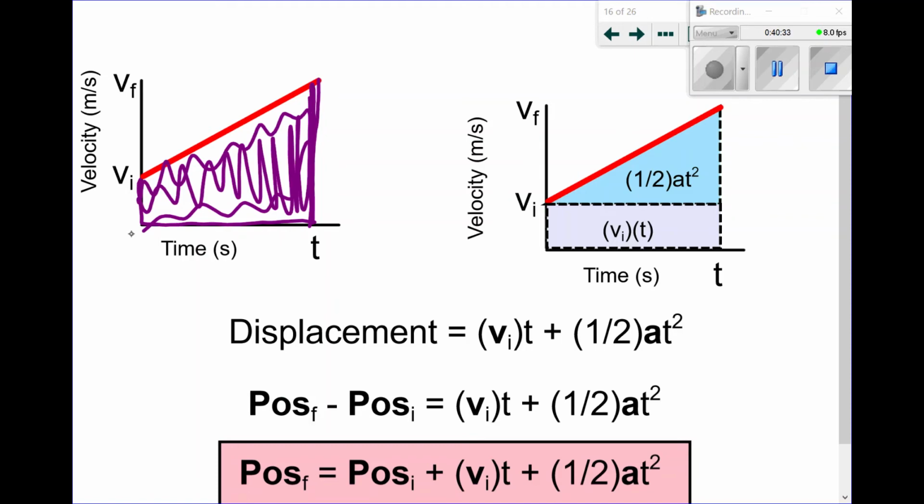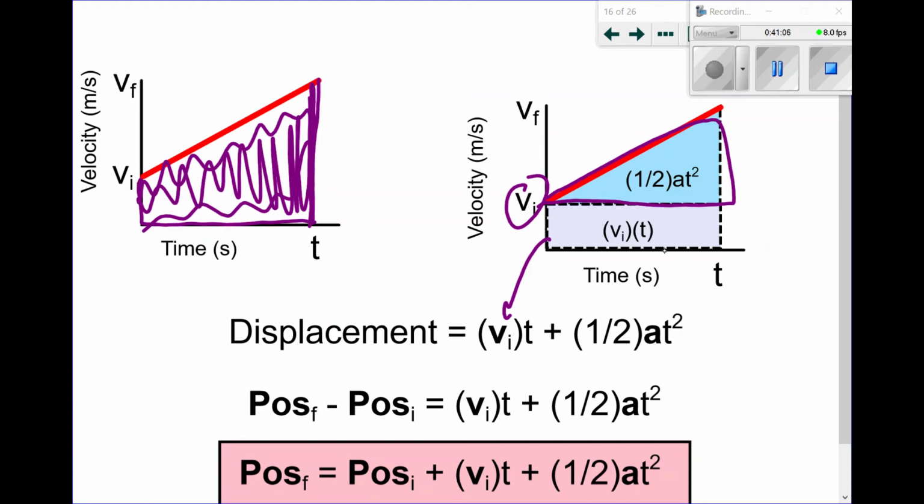I always break a trapezoid into two geometric shapes. It is a triangle resting on top of a rectangle. And those are two geometric shapes that are very easy to work with, especially for finding the areas. The area of the rectangle is always just height times base. So that would be my initial velocity times time, because that is the height of the rectangle.